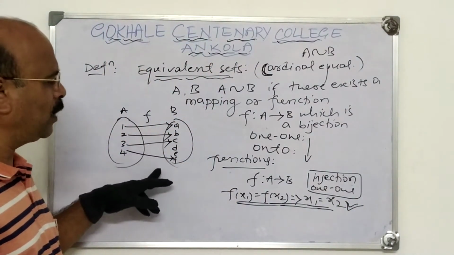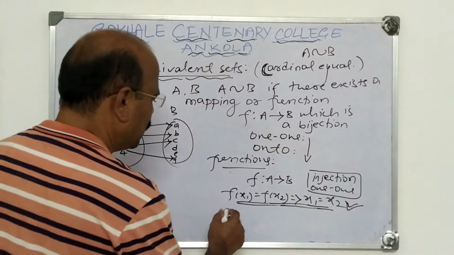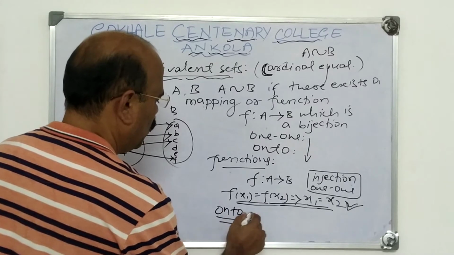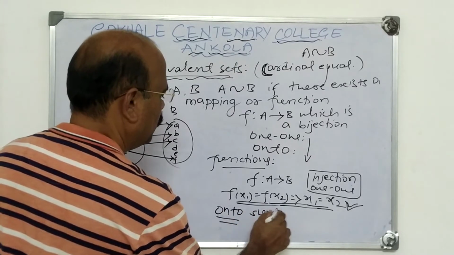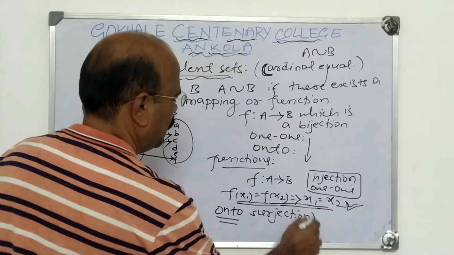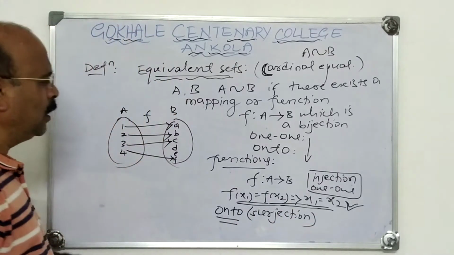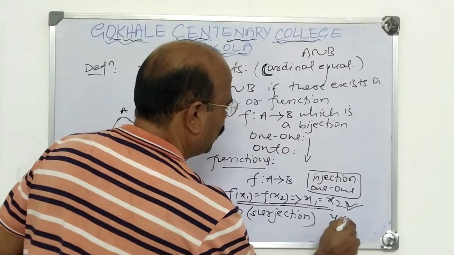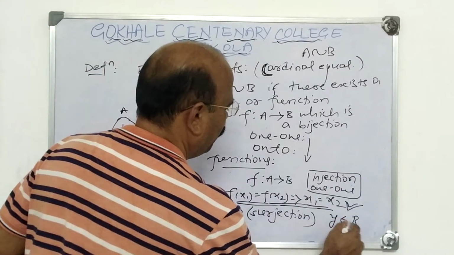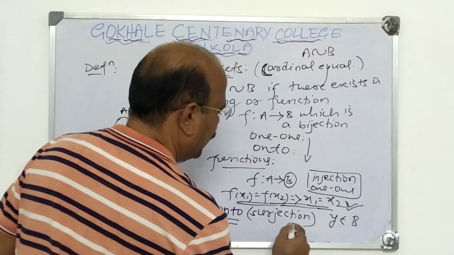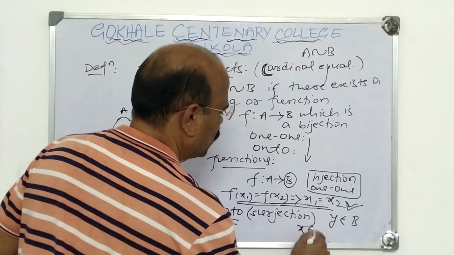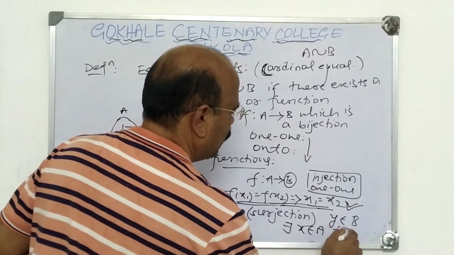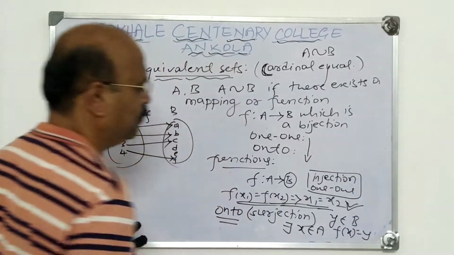Therefore, it is one-one. See, onto means a function f is said to be onto, or it is called surjection, if for every y belonging to B, called the codomain, there exists x belonging to A such that f of x is equal to y.